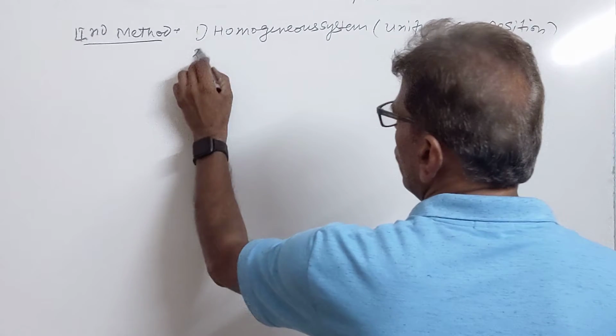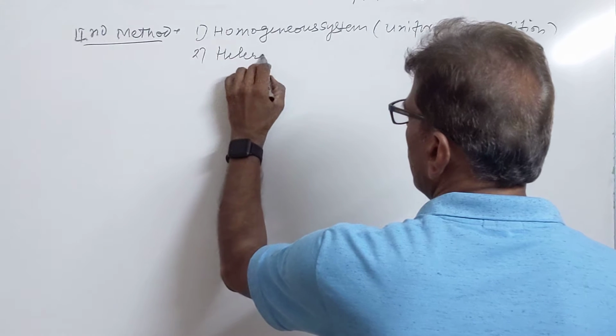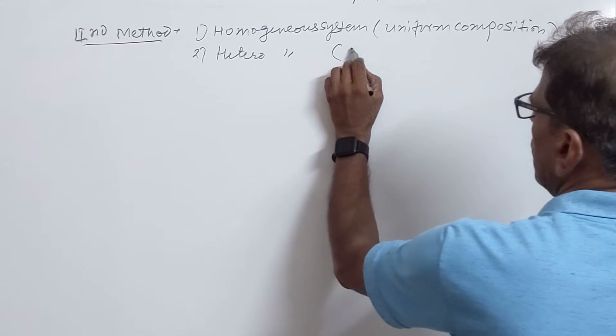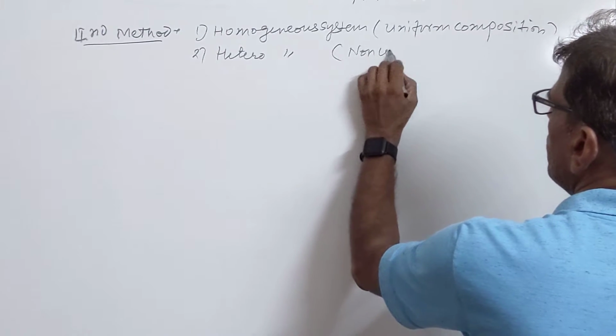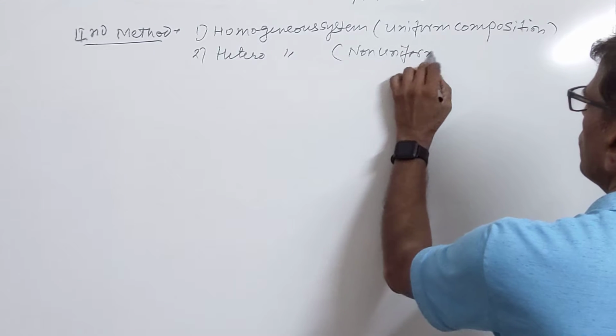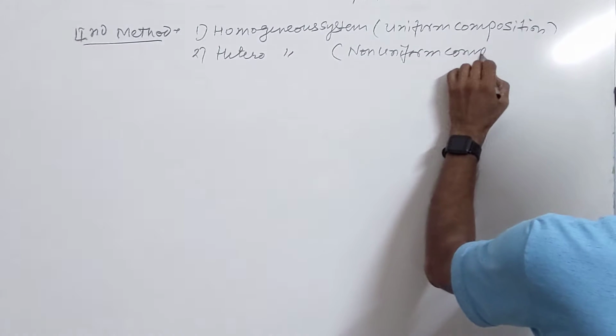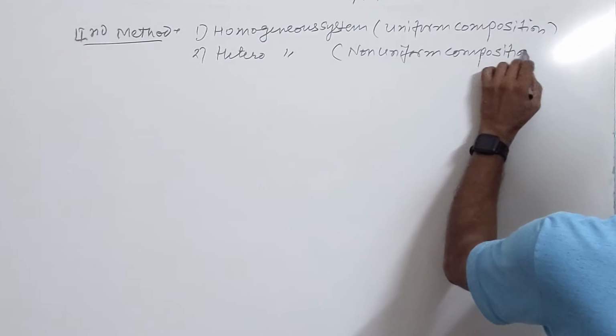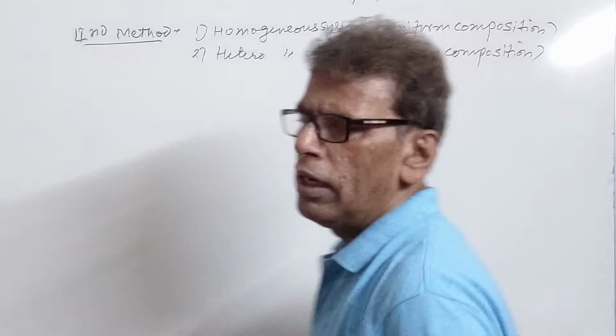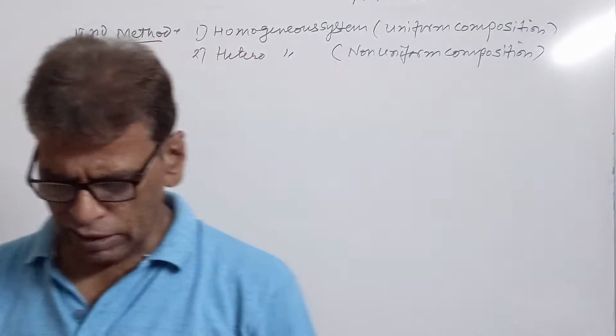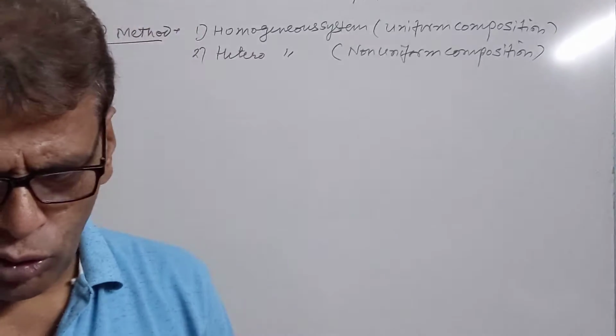Then we have the heterogeneous system, a system of non-uniform composition. So these are the two systems. Systems are classified by this method also.